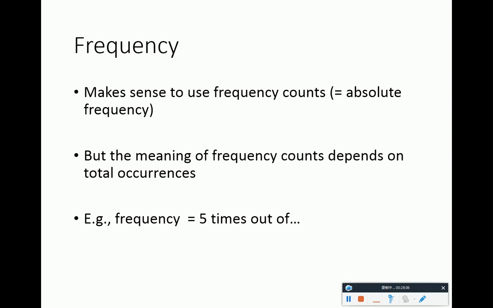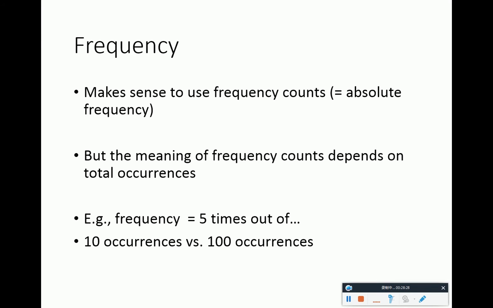But this frequency of 5 has a very different meaning when we say we count that this outcome occurs 5 times out of 10 occurrences, or we observe 5 occurrences out of 100 trials, 100 attempts.